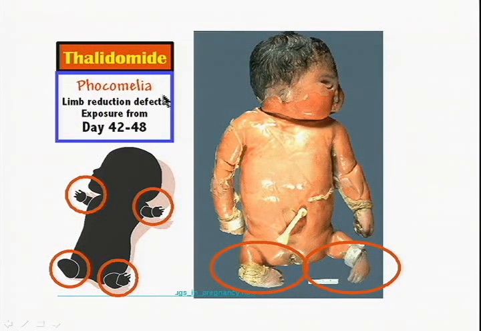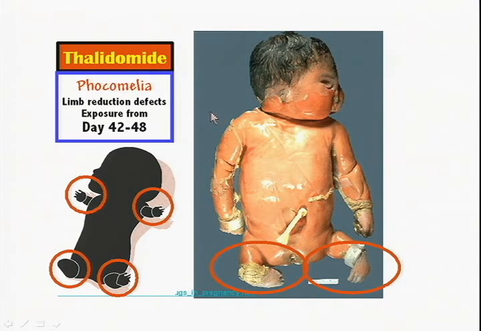Here is a good board question. Thalidomide. What does thalidomide cause? Phocomelia, limb reduction. And you can see the short extremities here. And on this cartoon character here, we have short extremities on both the upper and lower limbs. Thalidomide used to be used for nausea and vomiting in pregnancy, and it was very effective.